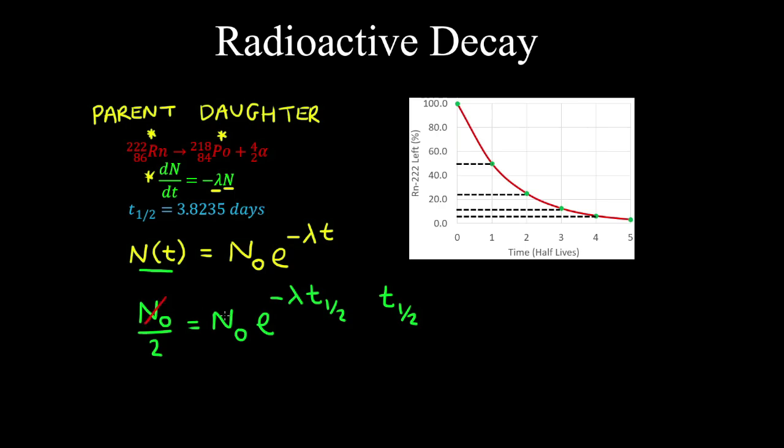So if we cancel out N0 and take the natural log of both sides, we get the natural log of 1/2, or 1/2 is 2 to the minus 1, is equal to minus lambda T1/2. And this is the same as minus the natural log of 2, using the rules for logarithms. And then we can cancel out the negative signs.